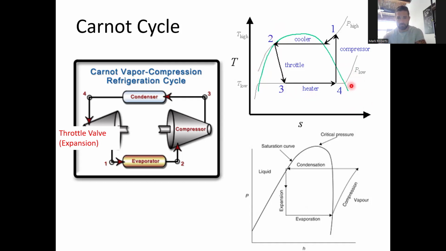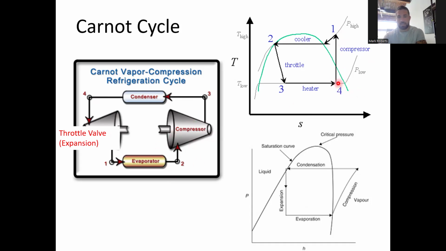So let's see where we go. Now let's look at the processes of vapor compression. We'll start with this step right here. This doesn't quite align with this figure, but just follow me here. We start with a compressor.